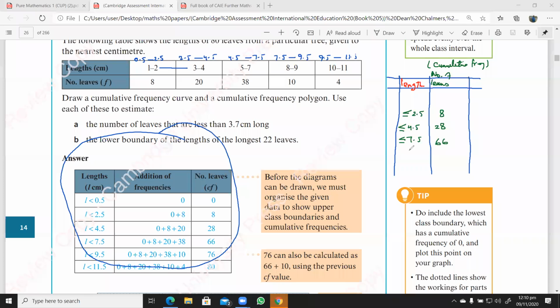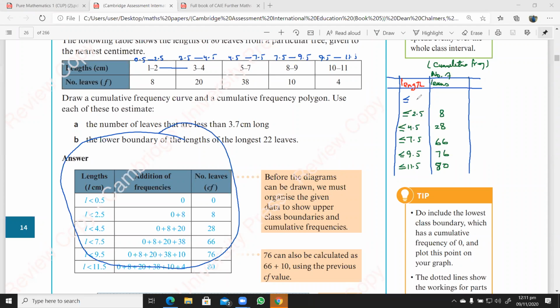Please keep checking. Then up to 9.5 we have 76, and up to 11.5 we have 70, so there are 70 leaves altogether. Sir, I think it's 80. Oh sorry, 80. Thank you, beta, this is 80. I have intentionally left some space here for the first lower class limit.